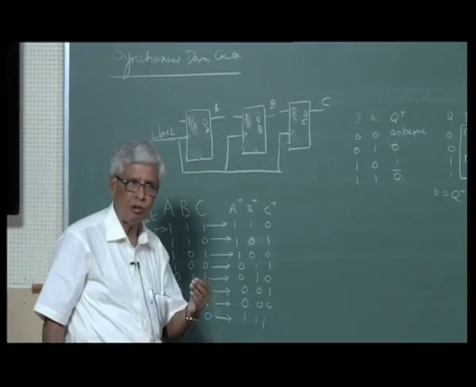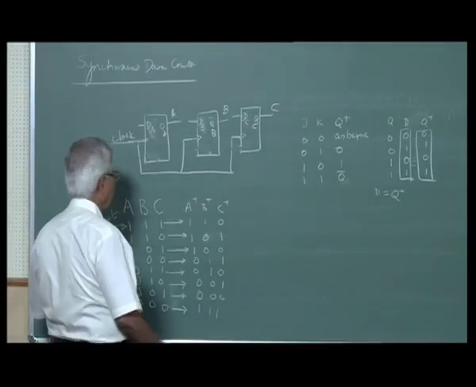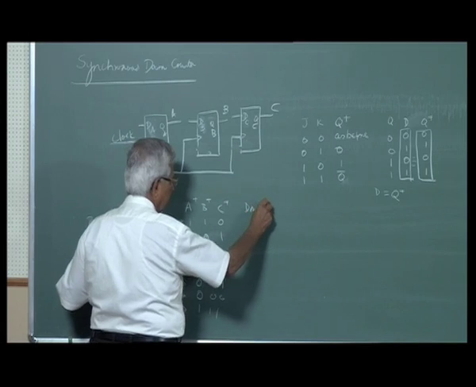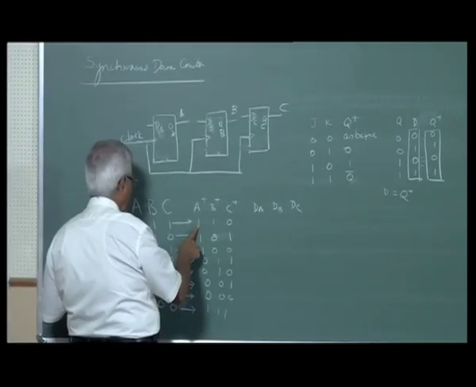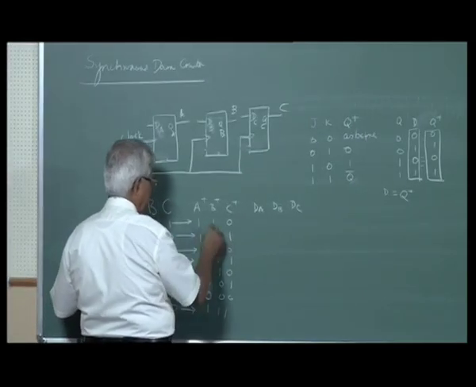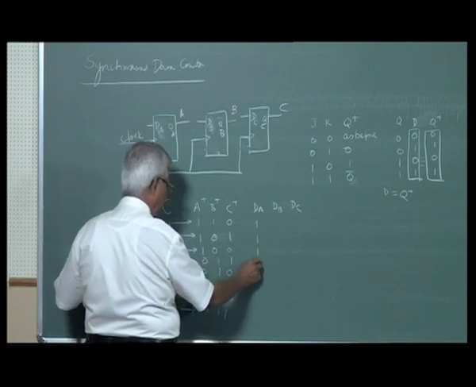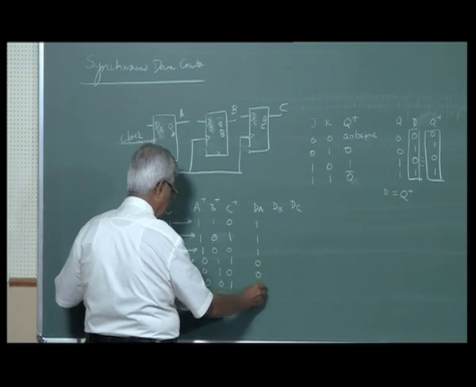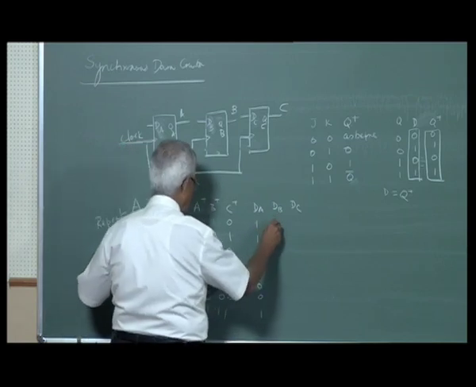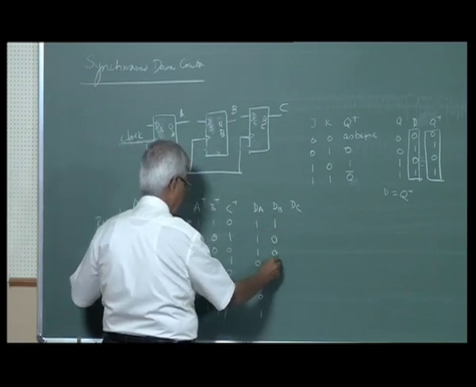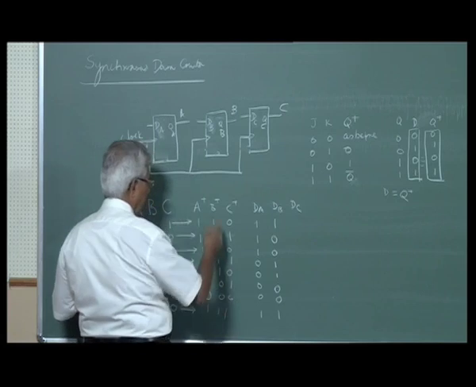What is the input you should give? The input I should give is the same as what I need as the next output. So now DA will be 1 1 1 0 0 0 0 1, because I will have to copy this table, that is all. DB will be the same as this, 1 0 0 1 1 0 0 1.